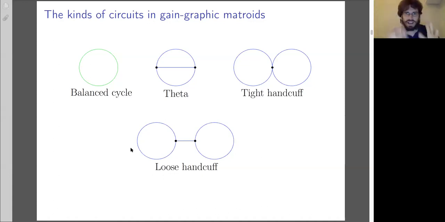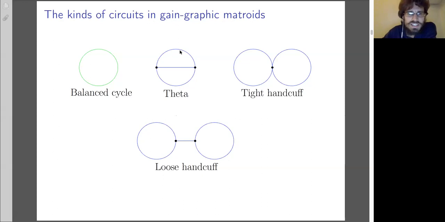And now I build some subsets of the edge set according to this recipe, and I wonder, when will this give me the set of circuits of a matroid? There is at least one condition which the balanced cycles will obviously have to satisfy.